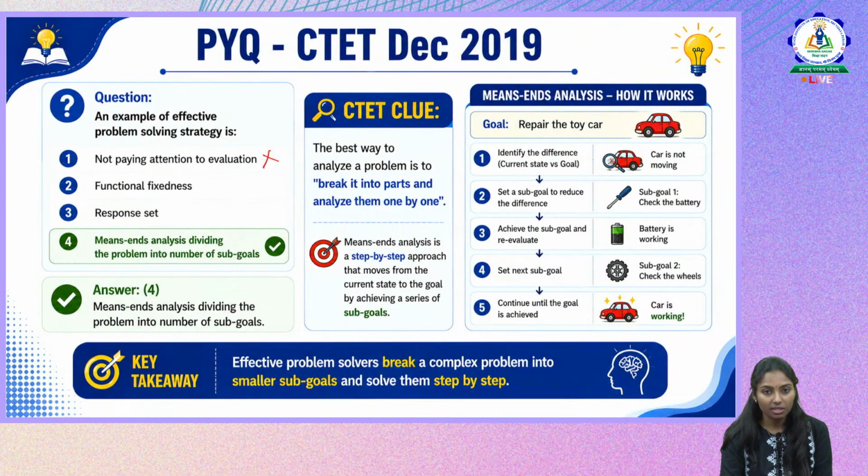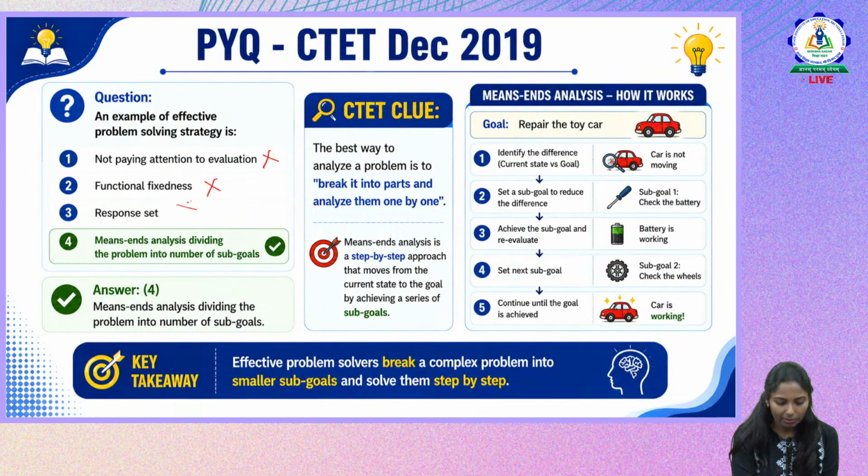So that is functional fixedness. It's not an example of effective problem solving. It's an ulta example. If they would have asked you an example of not effective problem solving, then this would have been the answer. So I'm eliminating this option. Response set. Just responses will not be an effective problem solving strategy. So you can also eliminate this option.